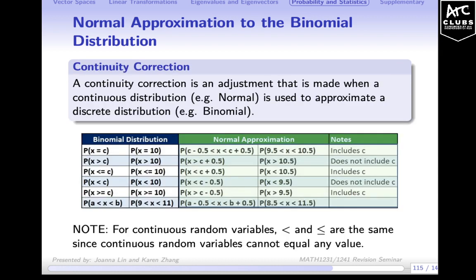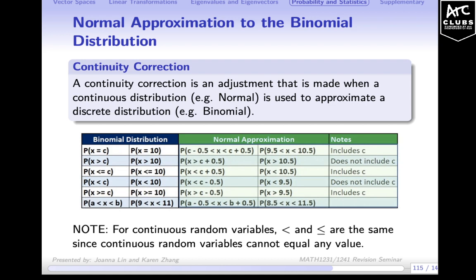Okay, so when we use this concept, there is something that we need to cover, which is continuity correction. Continuity correction is just an adjustment that is made when a continuous distribution is used to approximate a discrete distribution. If you look at our table below, you can see that we're altering our values by either adding 0.5 or subtracting 0.5.